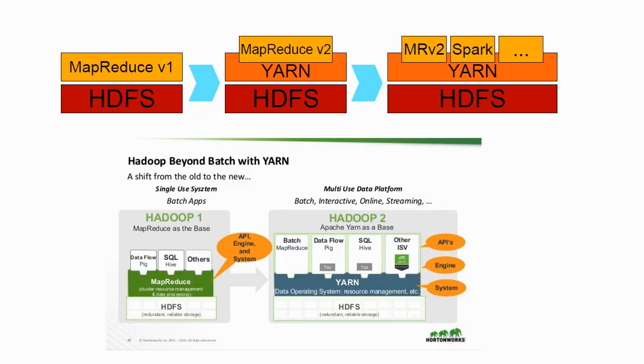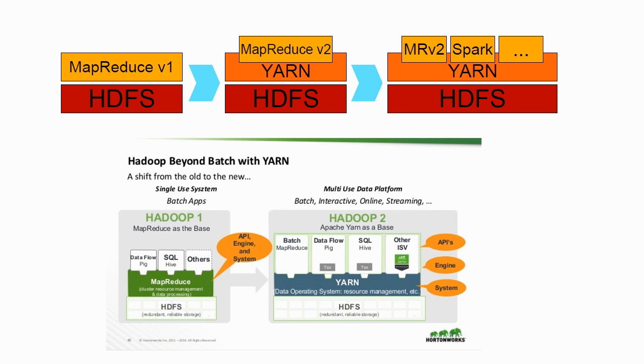So to give you an idea, here is version 1.0, a simple HDFS with MapReduce version 1. And then you see YARN, which is actually an acronym for Yet Another Resource Negotiator.